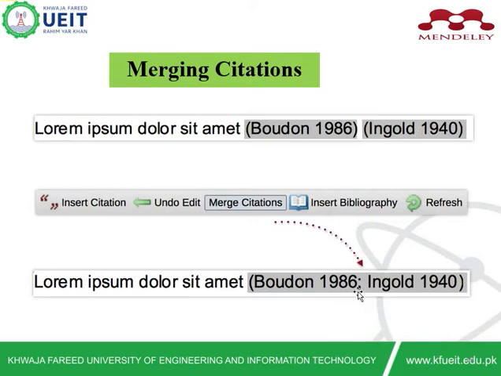So you just select both citations and click the merge citation button. Another possibility of merging is that when you insert a citation and select multiple documents, it automatically appears in the same format as the merged citation.